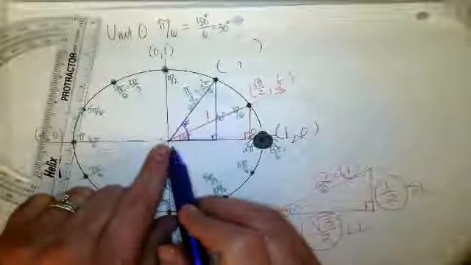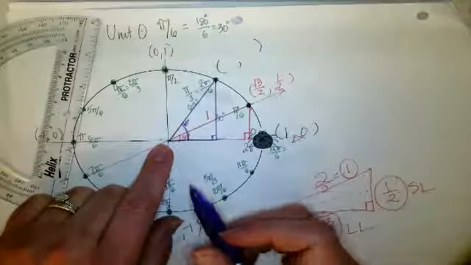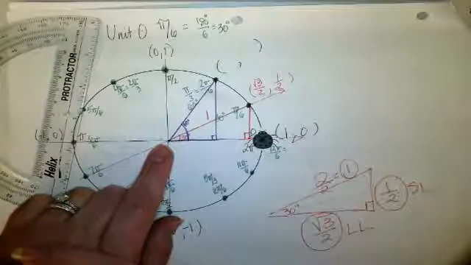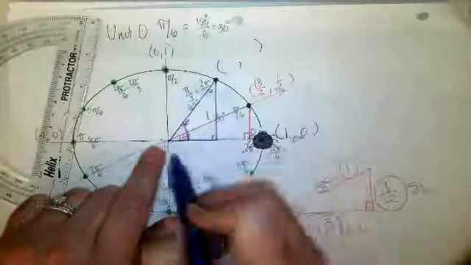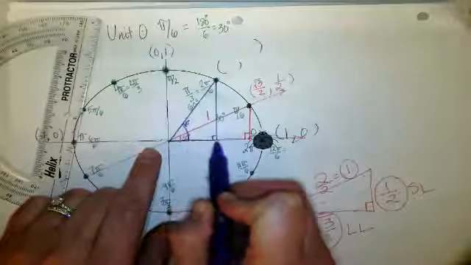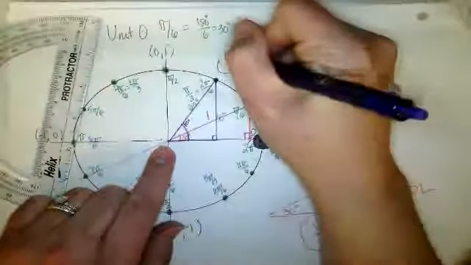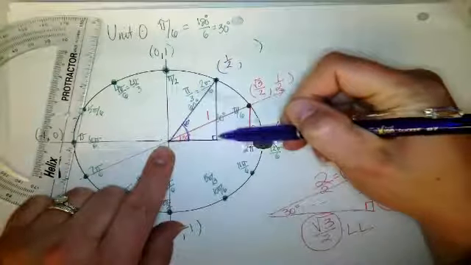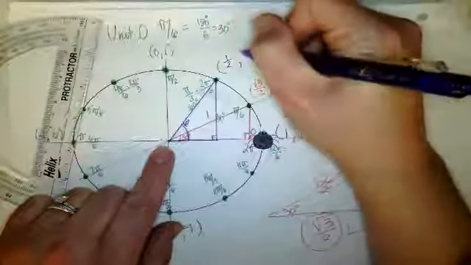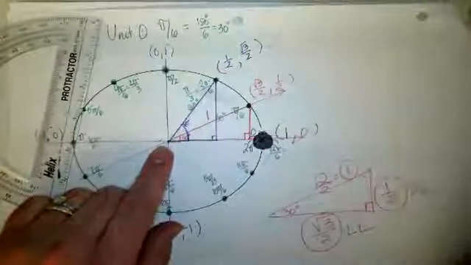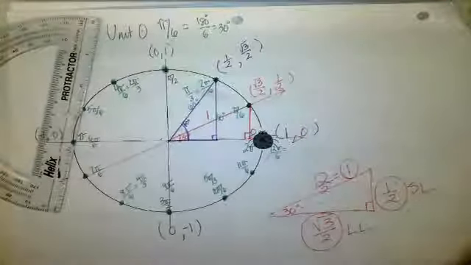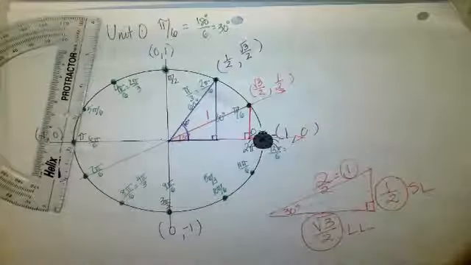Can you see which leg is the long leg and which is the short leg? To get to this point, I travel in the x direction. Is this the long or short leg? Short leg, 1/2. And then in the vertical direction, I travel up. Is this the long or short leg? Long leg, radical 3 over 2. You good so far?